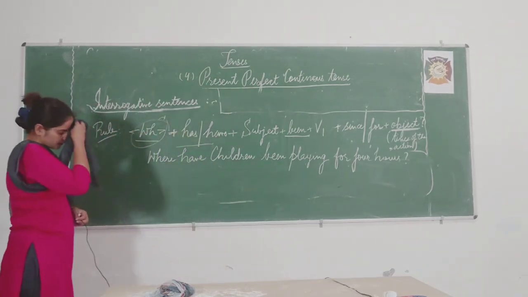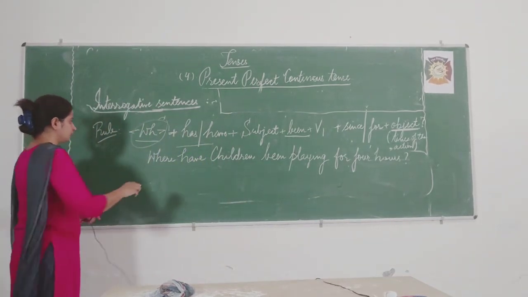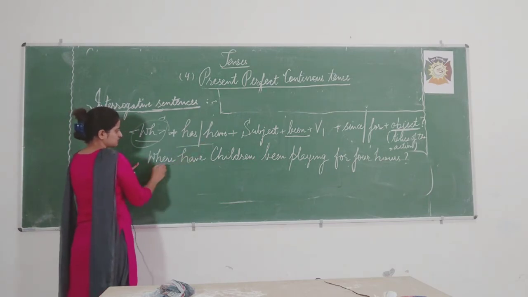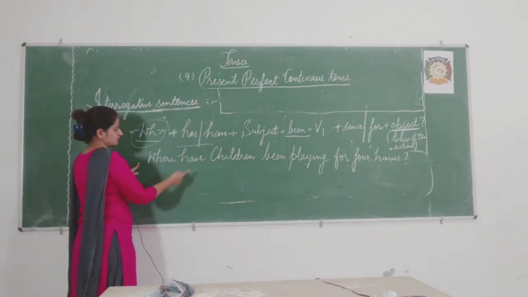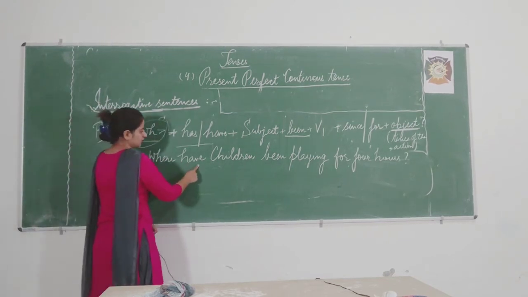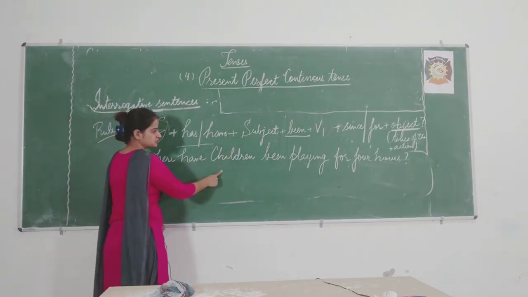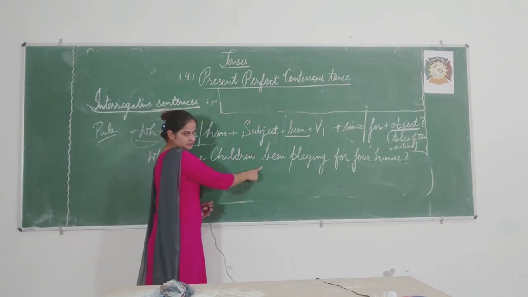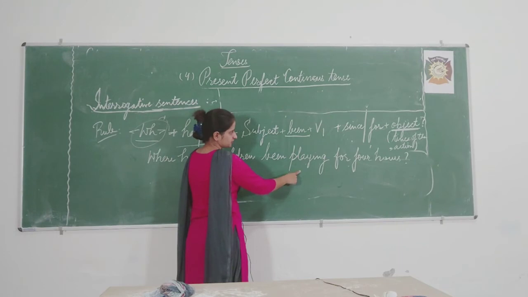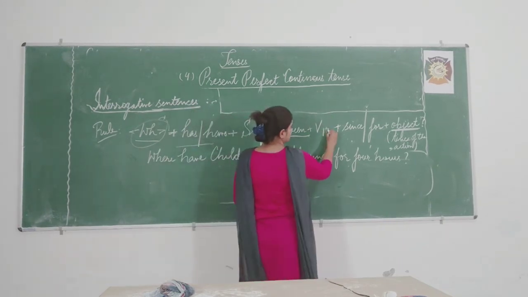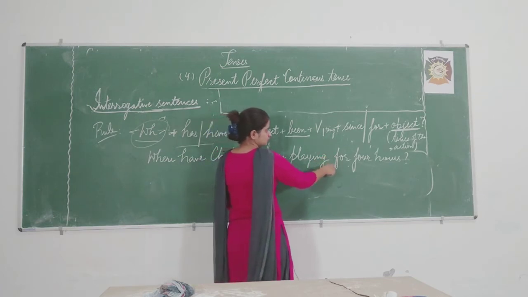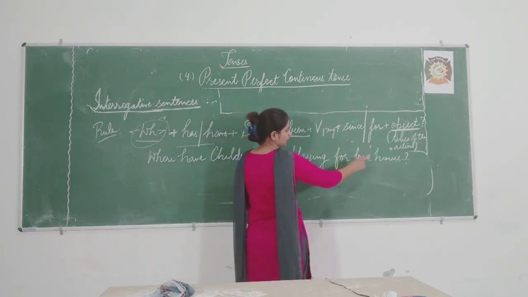Where, WH family word, where have, because children is plural, so we are using have instead of has. Where have, subject children, been, play first form of the verb, use ing with that, playing, since or for 4 hours.